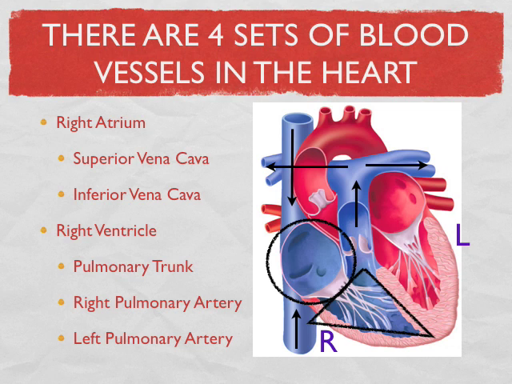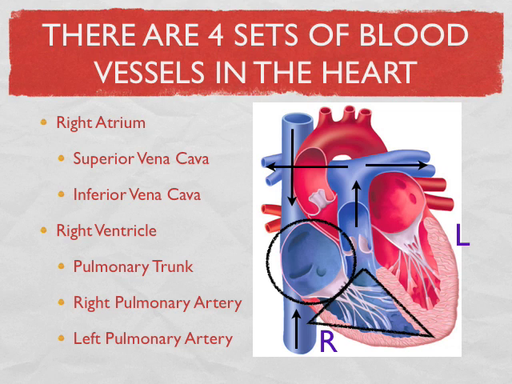Arteries. Remember, the only definition of an artery is that it leads blood away from the heart. All arteries have those layers we were just describing. Never define an artery by its color. Always define it by whether it's leading away from the heart or not.